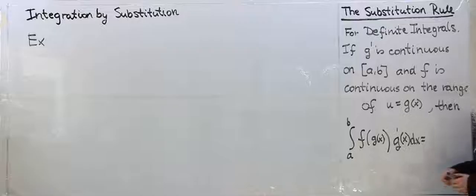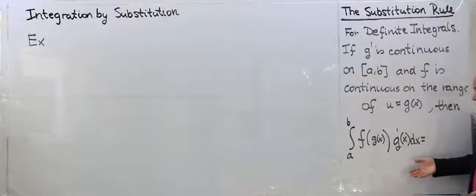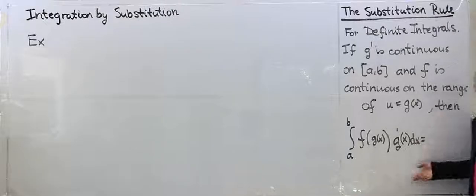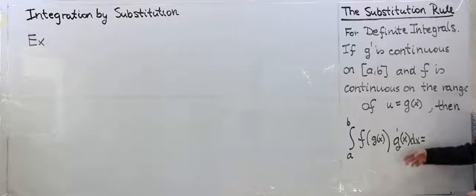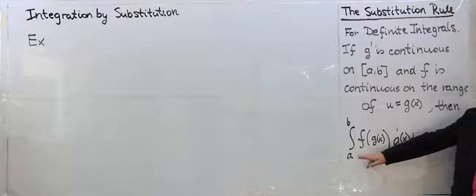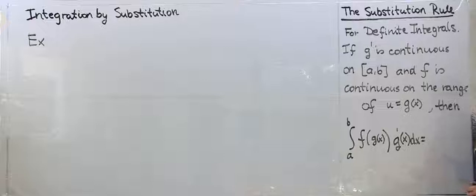And I'd like to have a substitution statement for this definite integral. So in order for the substitution statement to work, I just wrote down the assumptions that are necessary, but in case of our homework problems, most of the time these assumptions will be satisfied. So we're assuming that the inner function has a continuous derivative on the interval on which we integrate, and we're also assuming that f is continuous on the range of g.